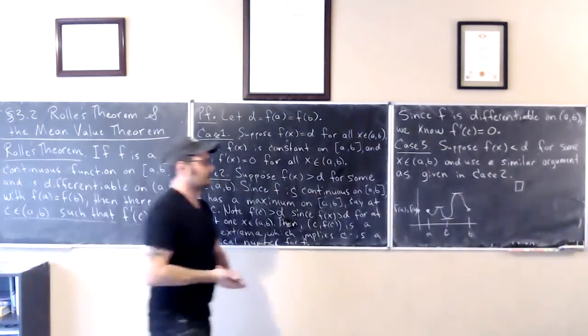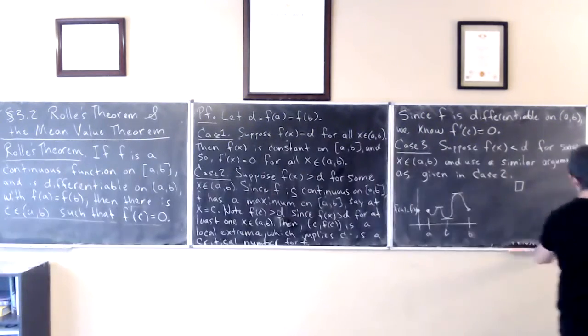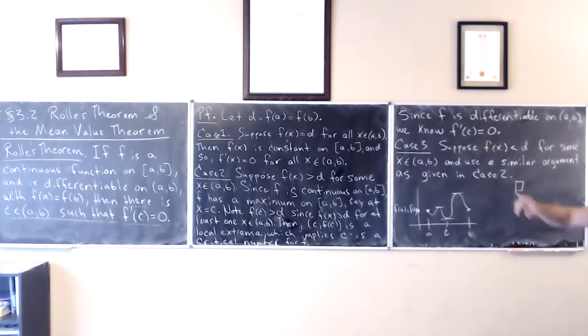Okay, so that's the statement of Rolle's theorem. So make sure that you have at least the statement written on a piece of paper, because we're going to use Rolle's theorem in a minute to prove the mean value theorem.